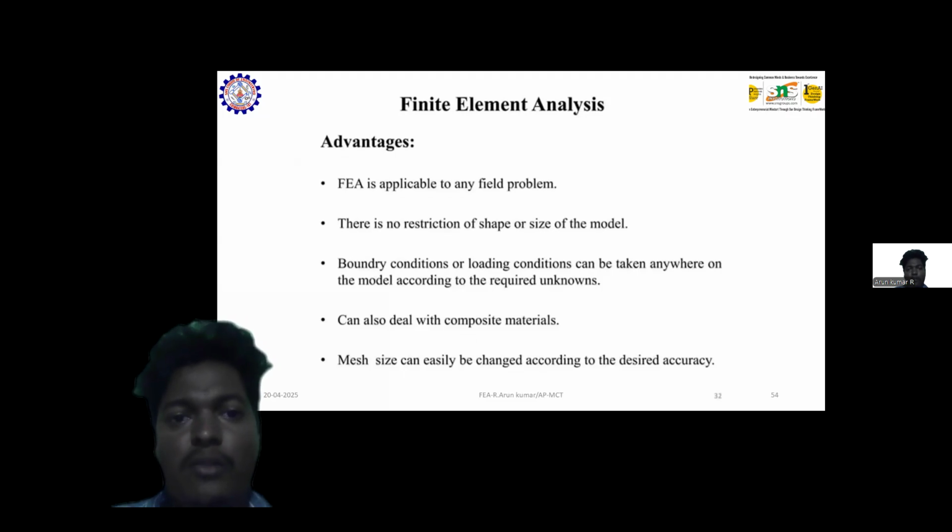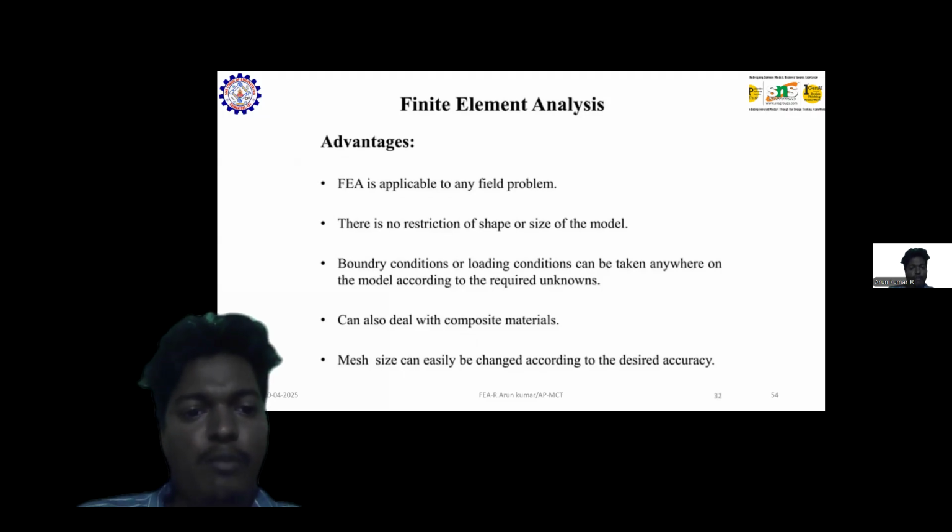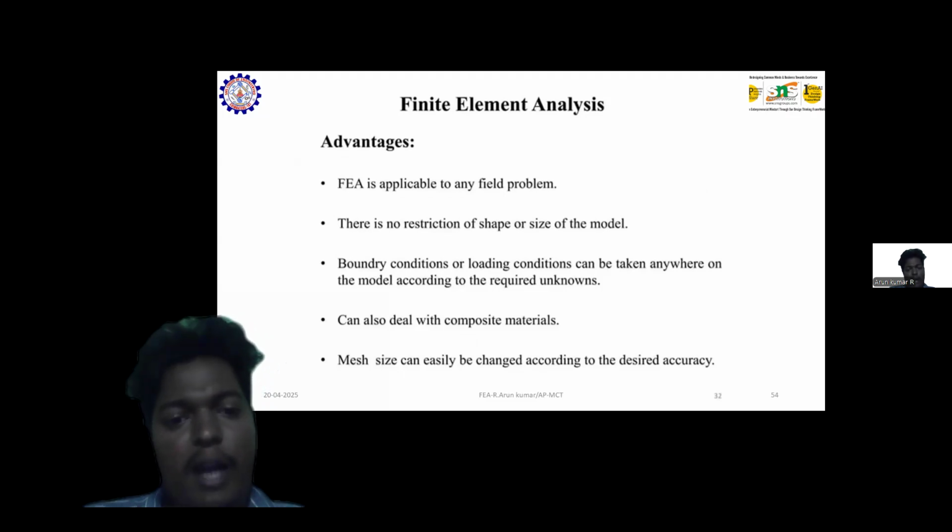Here, what are the advantages of FEA? The FEA is applicable to any field of problem. If you have any structural or non-structural problem, you can analyze it. There is no restriction on the shape or size of the model, and boundary conditions and load conditions can be applied anywhere in the model according to the required unknowns.